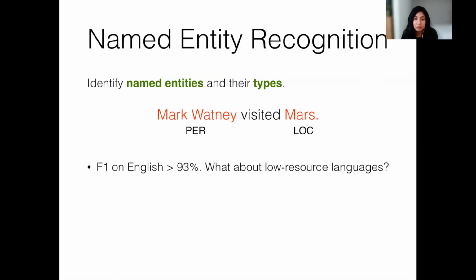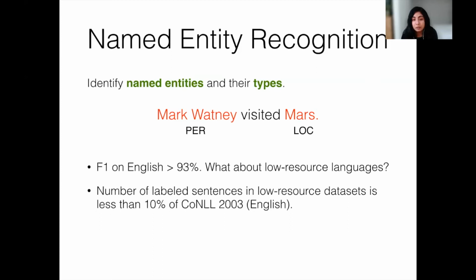Performance is usually measured with F1 score, and state-of-the-art methods on English datasets have F1 scores of over 93%. On the other hand, the performance on low-resource languages is usually much worse. One reason for this is that the amount of annotated data available for training models is much smaller in these languages than in English.